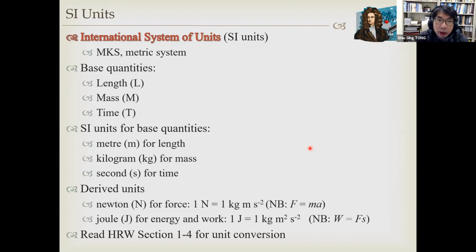Now, the base quantities for SI units in mechanics are the following. There are totally 7 base quantities for SI unit, but in mechanics we only discuss 3. These 3 base quantities are length, mass, and time.